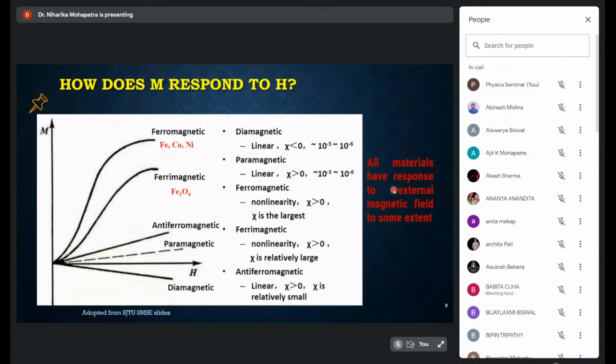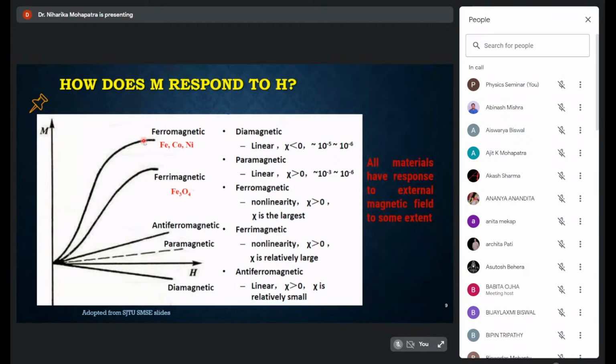So if you apply magnetic field to certain materials, how do they respond? Their response can be positive, negative, or linear or non-linear. Generally, paramagnets are known as linear magnetic materials.